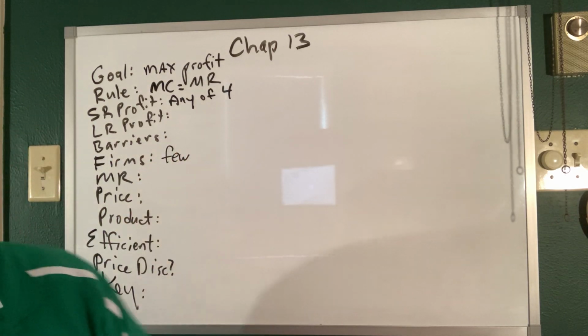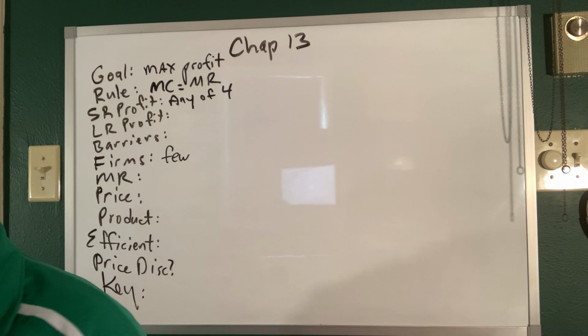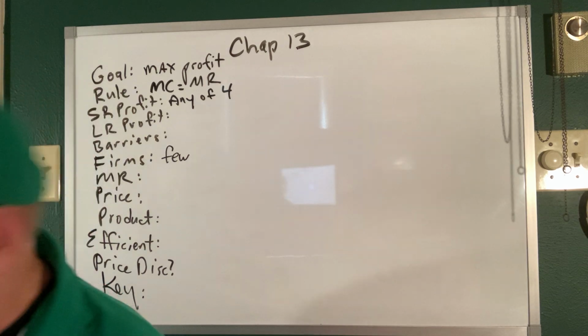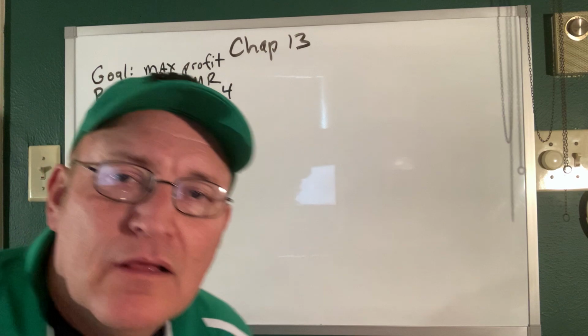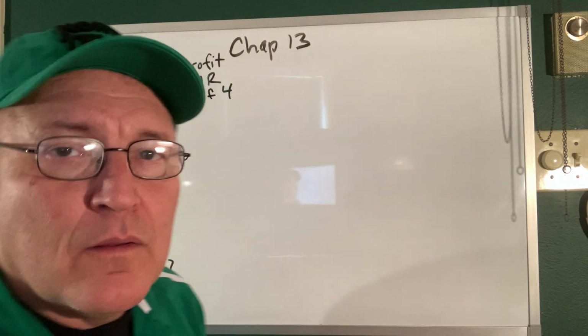In the long run, though, what does an oligopoly earn? Again, it has to do with the barriers. When it comes to long run profit, that has everything to do with barriers.